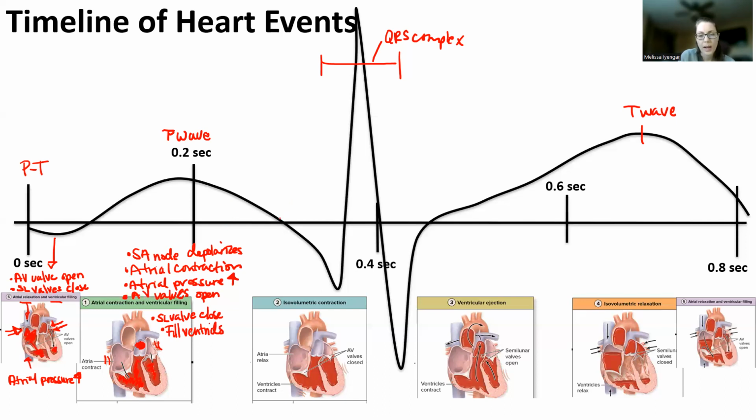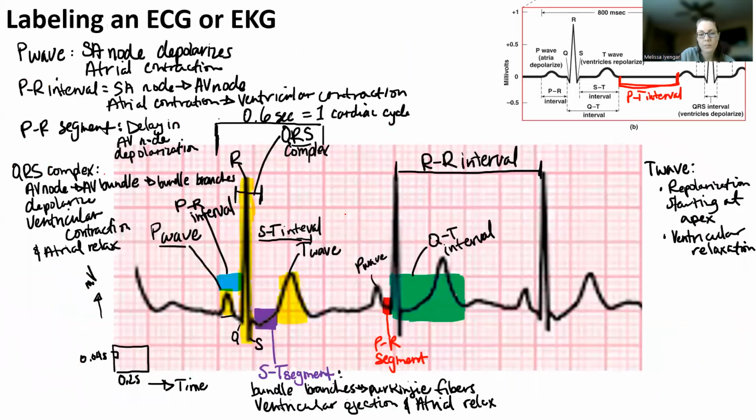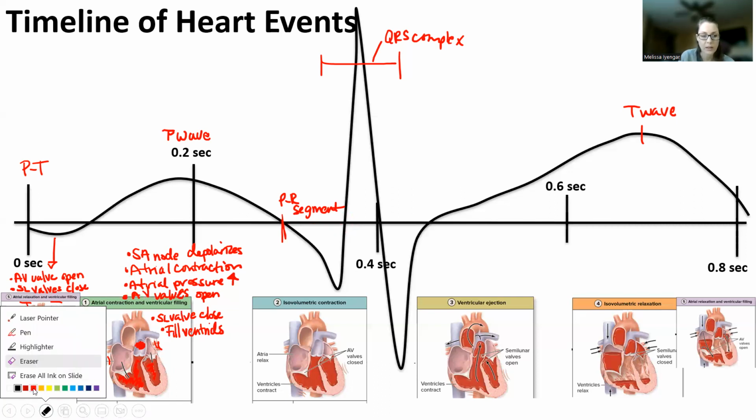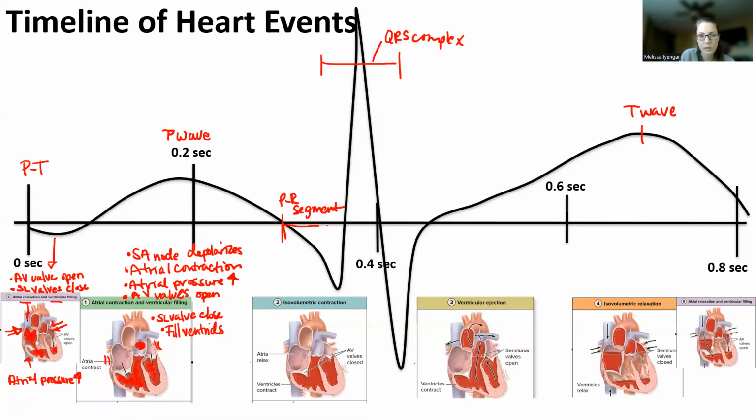And then remember, we're gonna have this P to R segment, right? And in the P to R segment right here, I don't have a great, sorry, I had to hand make this chart in PowerPoint, and it's not actually easy to make lines in PowerPoint sometimes.